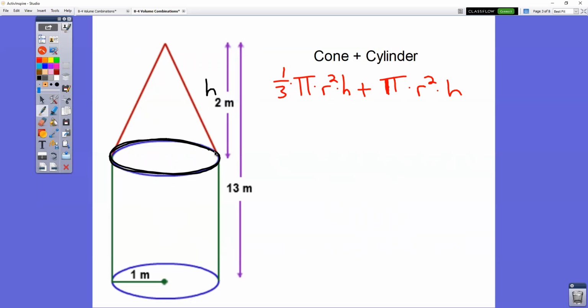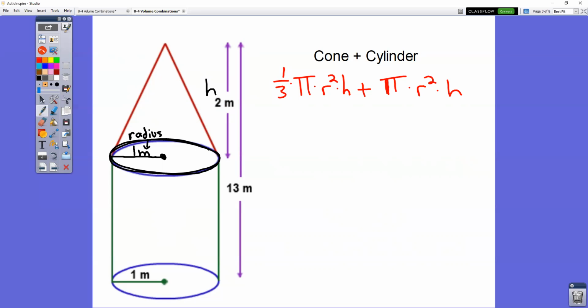So this 1 at the bottom is really the same thing as our radius for the top of the cone. So this r is 1 for our radius, because the top and bottom of the cylinder are the same. Those are a shared part.